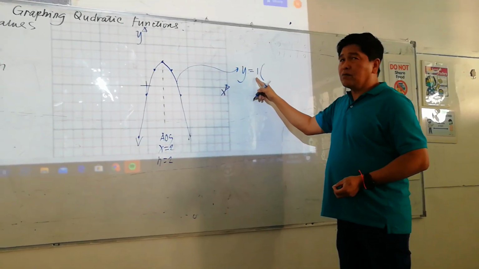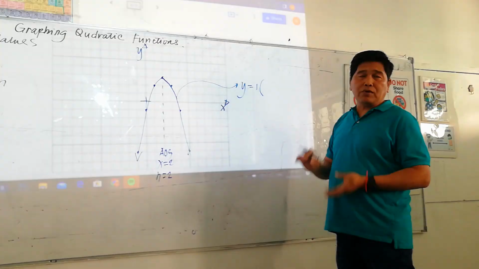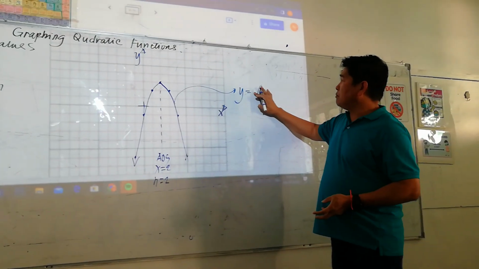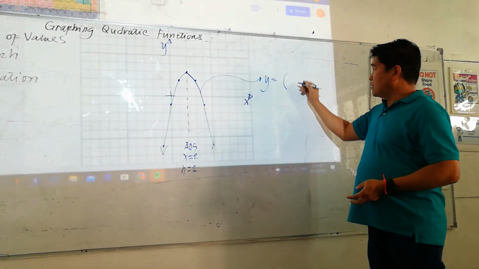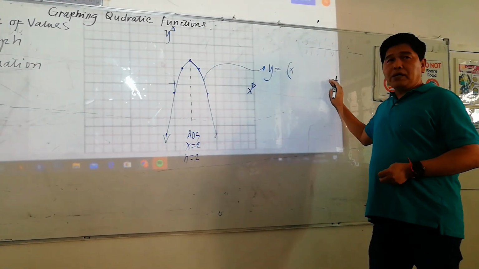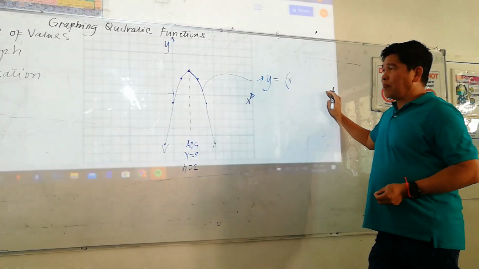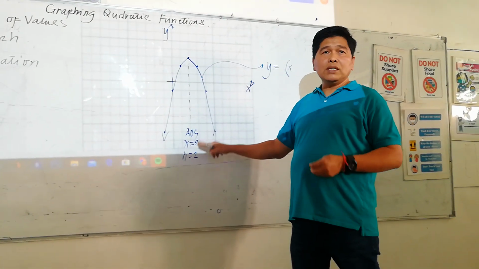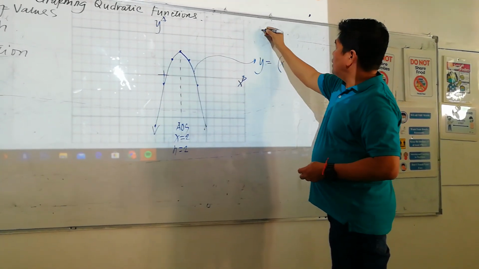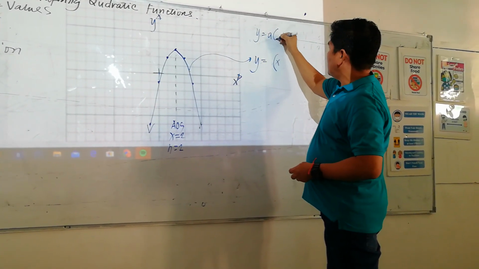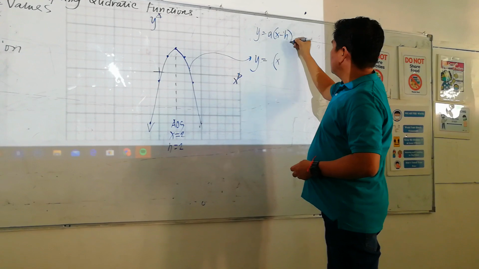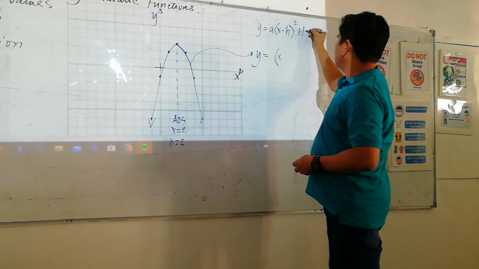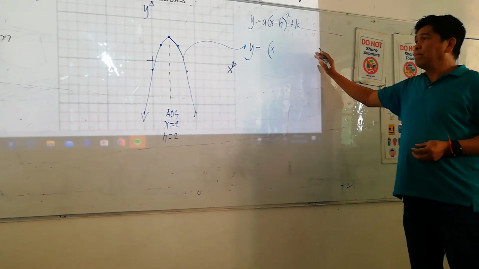If a is equal to 1, no need for us to write that 1. This is already an invisible 1. Now, what is the value of your h? This is 2. But the presentation here is y is equal to a quantity x minus h raised to the power of 2 plus k in vertex form.